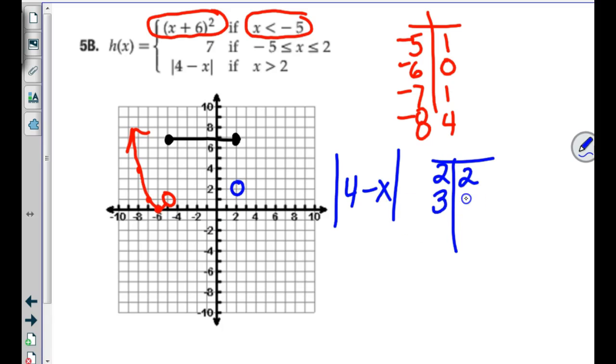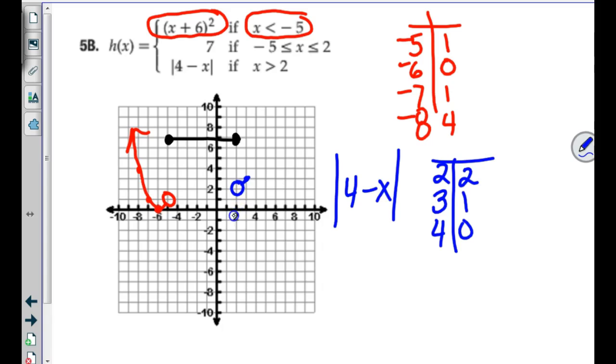If I put a 3 in, I get out 4 minus 3 is 1. Absolute value just keeps it 1. I put a 4 in, I get out 0. So 2, 2, 3, 1.